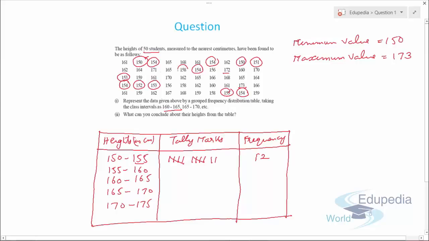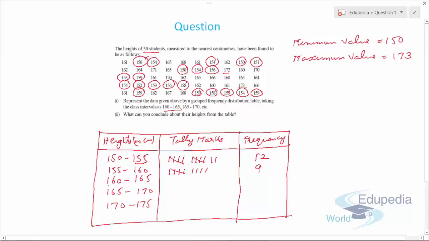So this can be the value 1, 2, 3, 4, 5, then 6, 7, 8, and 9. So we have 9 values over here.